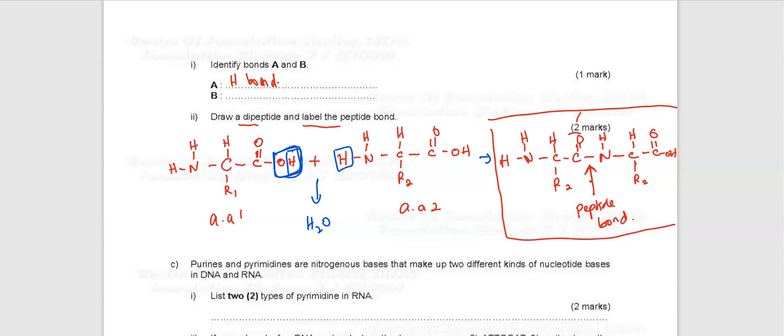So 2 marks: 1 mark for the correct structure of the dipeptide, and the second mark is for the labeling of the peptide bond. You have to specifically point out the location of the peptide bond.